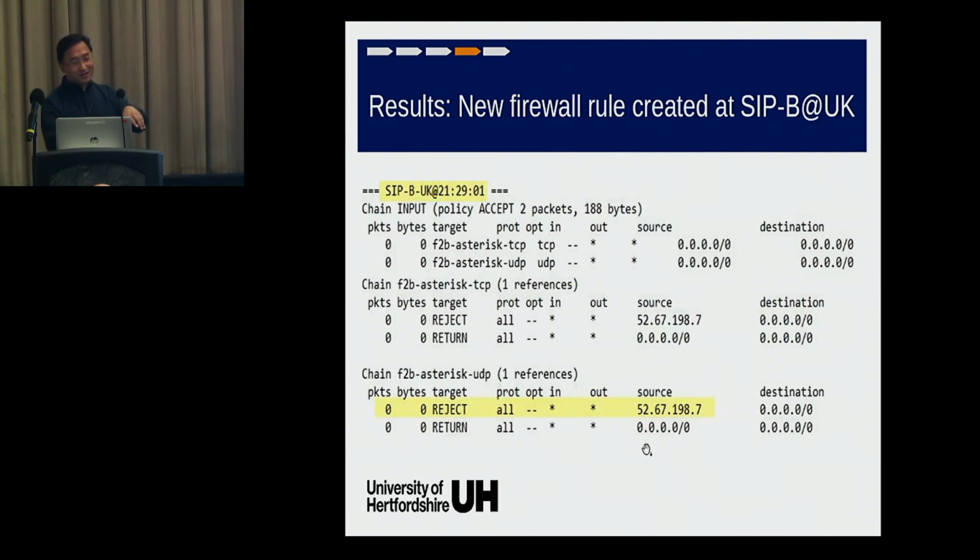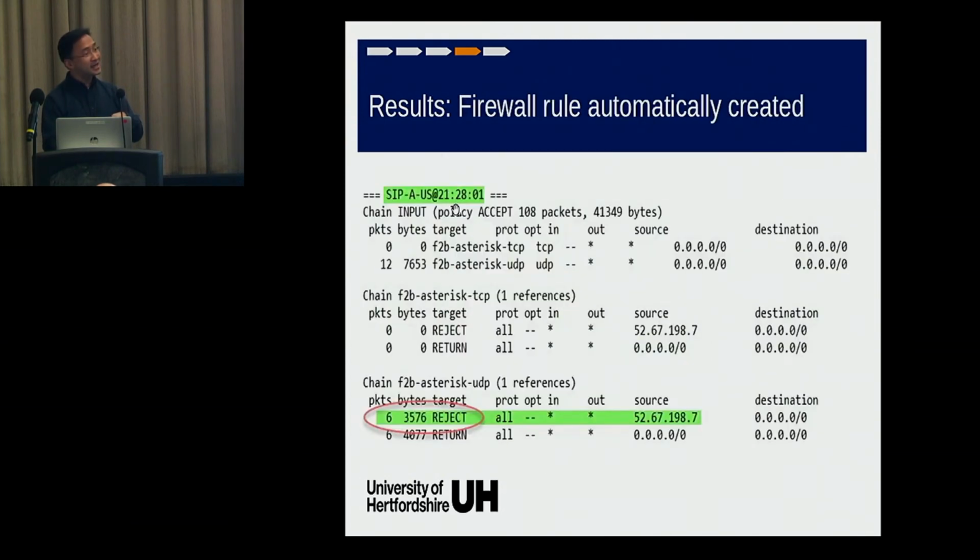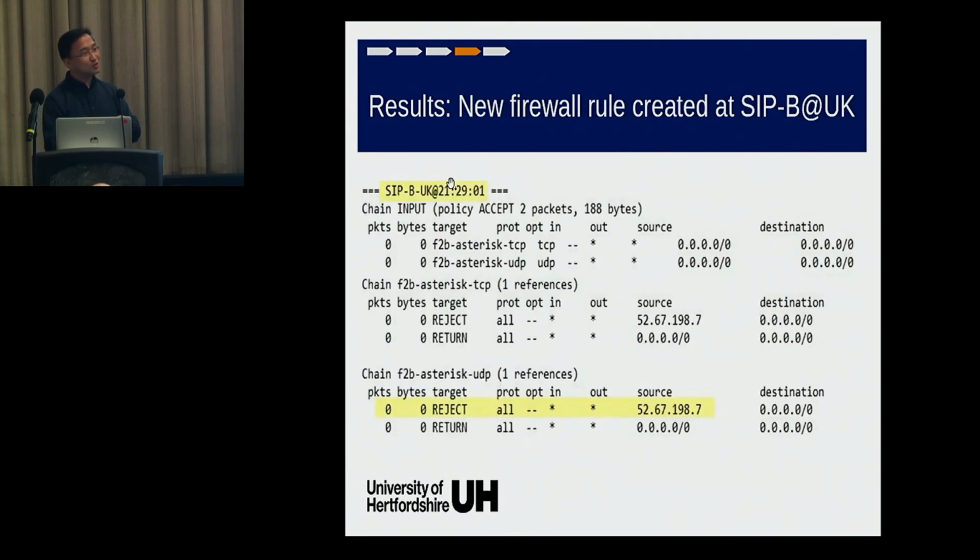So over here, as you can see, this new firewall rule is created in the UK. And as I set it, a cron job retrieves every minute, so it's about 1 minute apart. Over here is 21:28, and over here is 21:29.